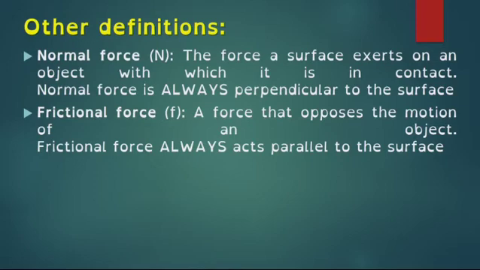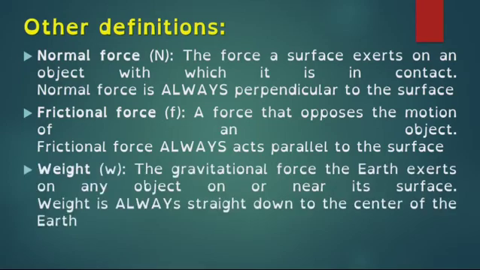In just a second, I'll give you a couple of handy hints on how to draw free body diagrams. And then the last one is weight. Now, again, guys, I know we more often than not deal with parallel and perpendicular weight. That is fine. But please remember that the definition of weight means it is always straight down to the center of the earth.